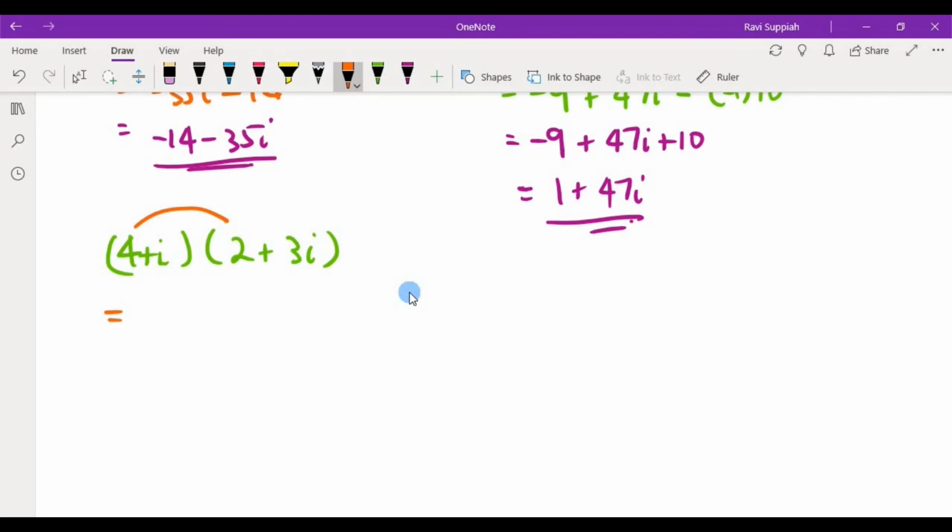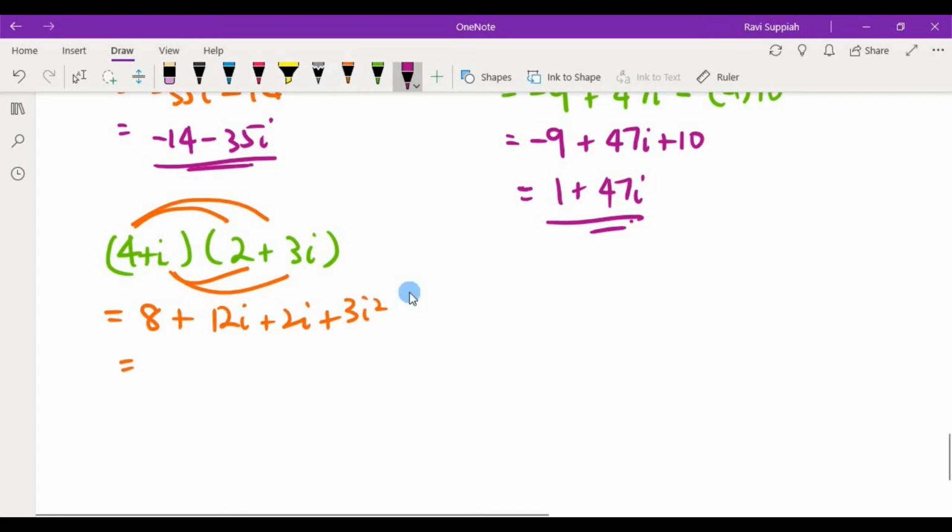I'm going to straight away do the multiplication. 4 times 2 will be 8, plus 12i, plus 2i, plus 3i squared. And by doing the grouping, I get 8 plus 14i. i squared is minus 1, so minus 3.